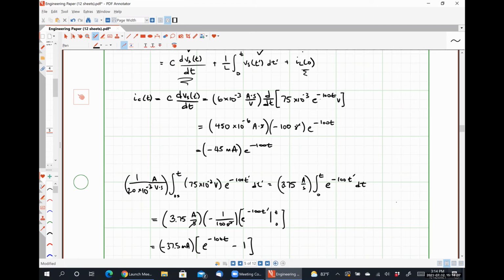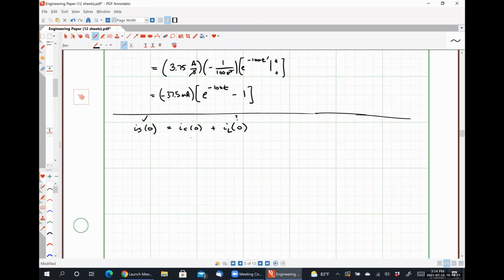Wouldn't it just be negative 45 milliamps? That's exactly correct. So this guy is negative 45 milliamps. This guy was negative 50 milliamps.